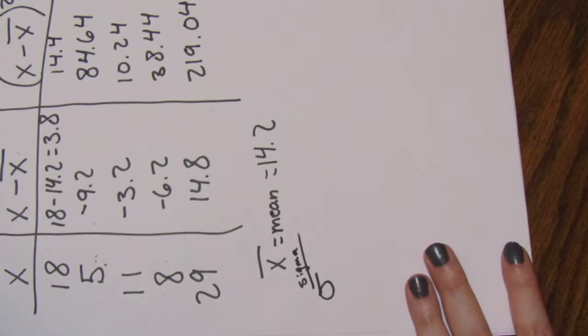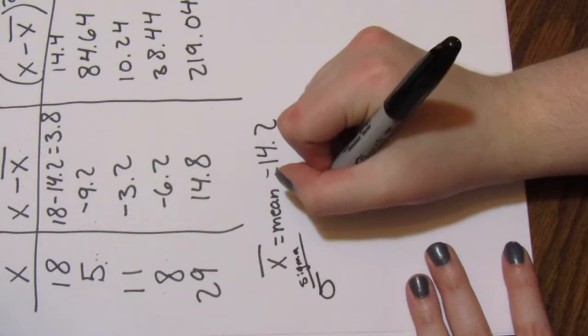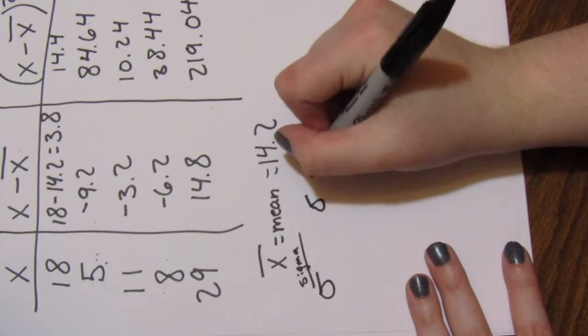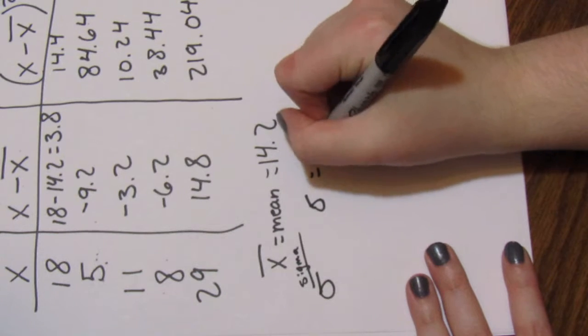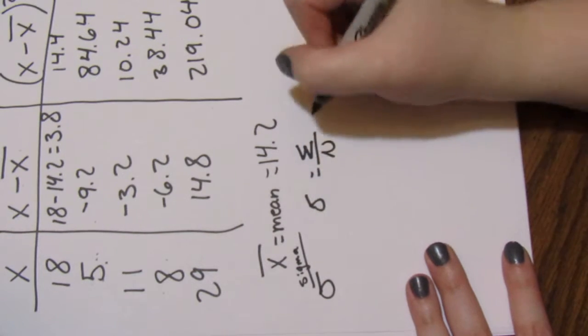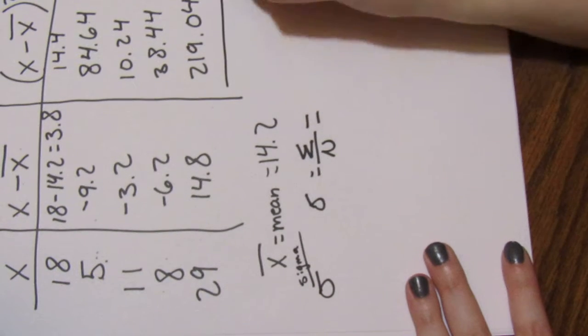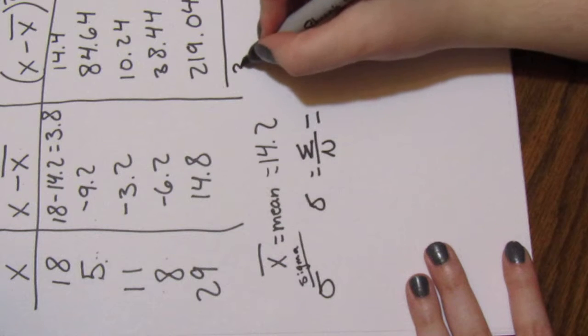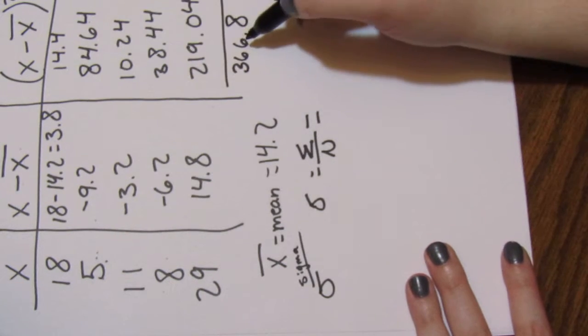We have to know that. And sigma squared equals the sum over N. So basically, this total up here is going to be 366.8. That's the total for this column here.